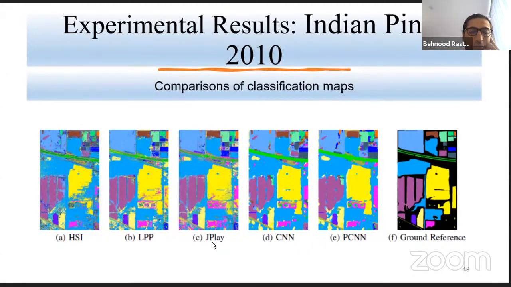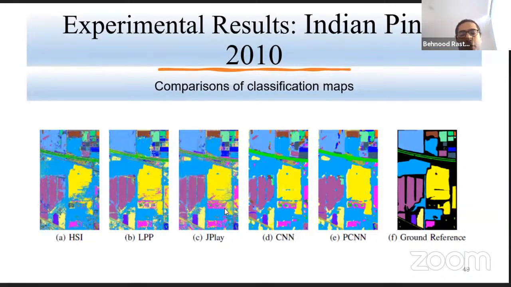And then we have JPlay, which is the highest accuracy for supervised feature extraction techniques, and then CNN and PCNN, which give the highest accuracy among the deep learning techniques.